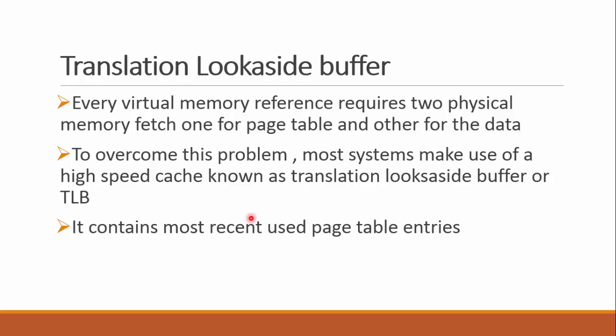To overcome this problem, most operating systems make use of a cache known as a TLB, translation lookaside buffer. What it does is keep the recently used page table entries. So if they are referred to again, they do not need to go to the page table again, and they can be directly obtained from this buffer.